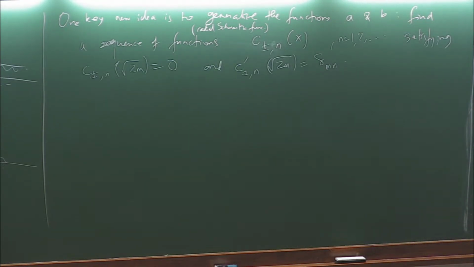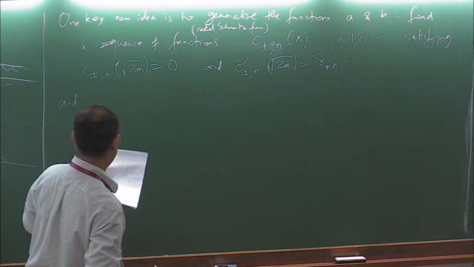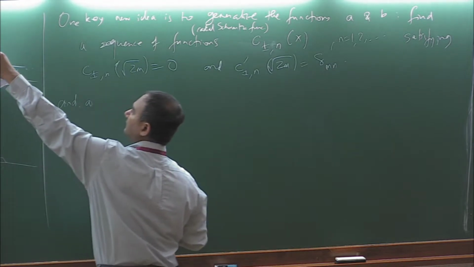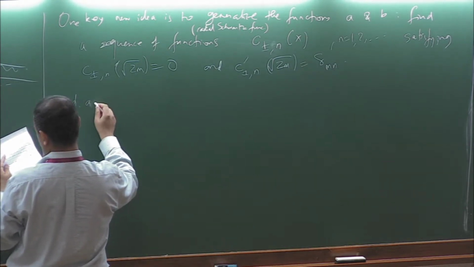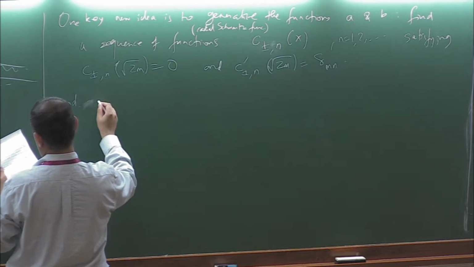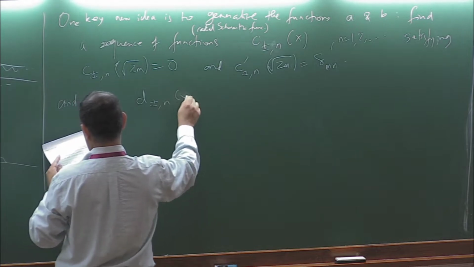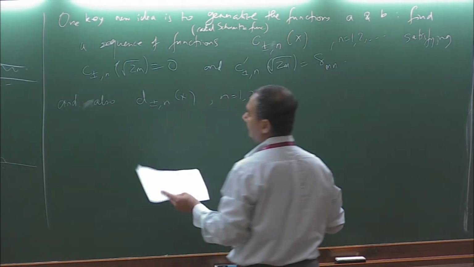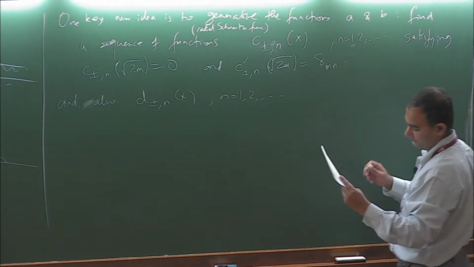And similarly, if you wanted to interpolate values, you could find a sequence of functions. You do need to interpolate values as well because you need to match the value of f. So also d plus minus n of x, n equals 1 to infinity. This is all in the 8-dimensional case. In the 24-dimensional case, you skip the first one.